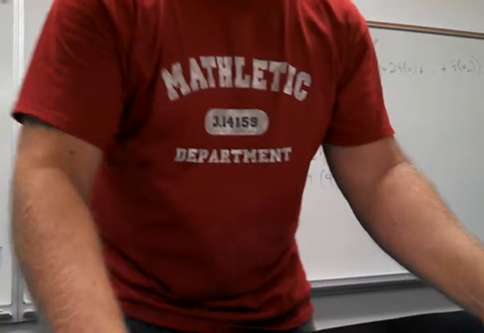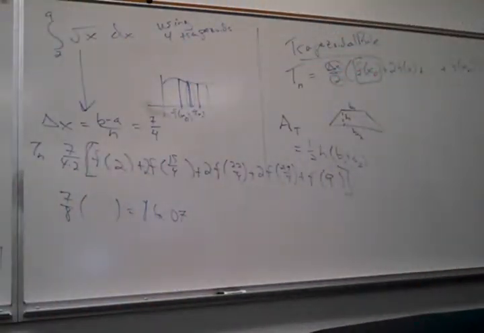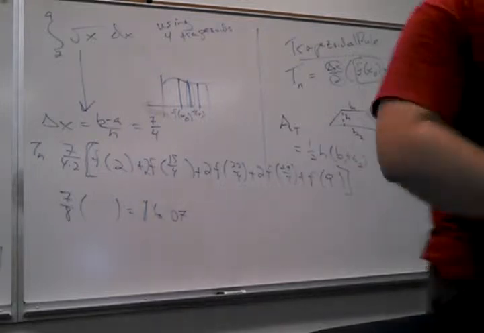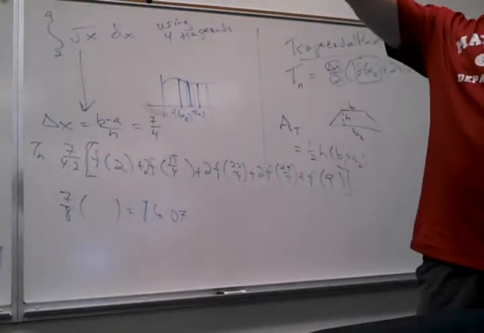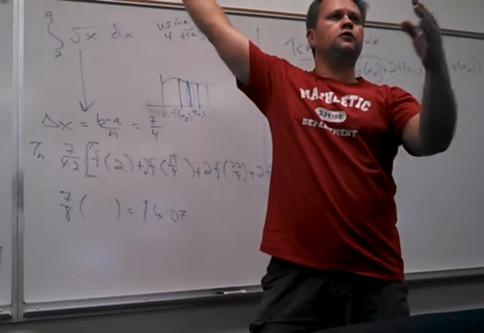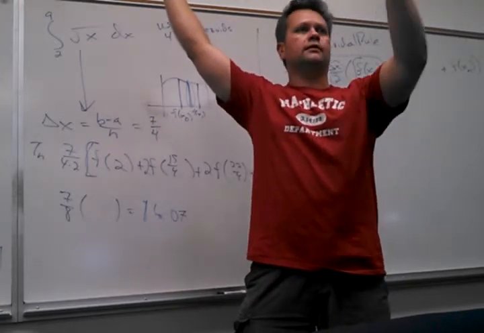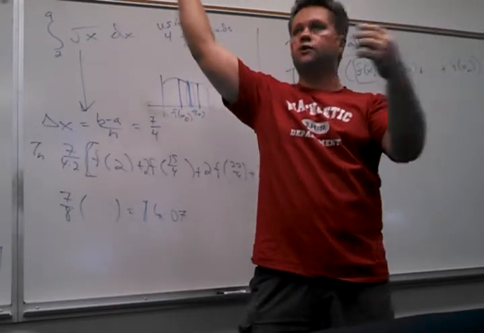I know a lot of you guys don't have the book, so let me put this up here. Trapezoidal rule had those 2's because you had a lot of trapezoids repeating the sides that they used. So that's why I had a bunch of 2's in it.